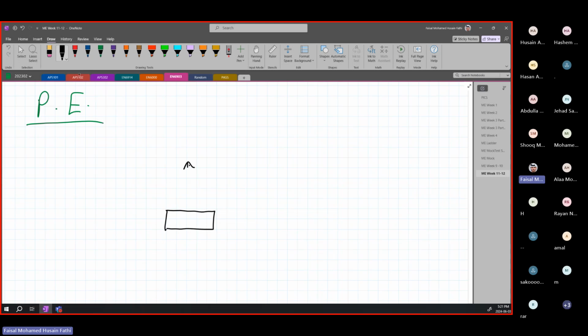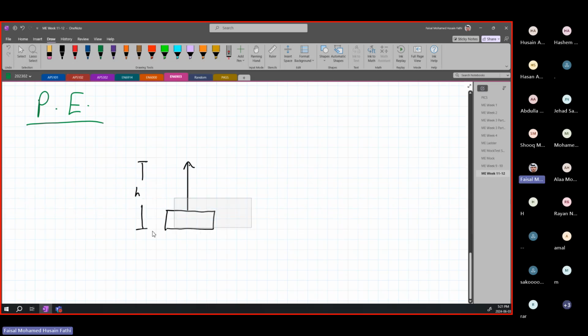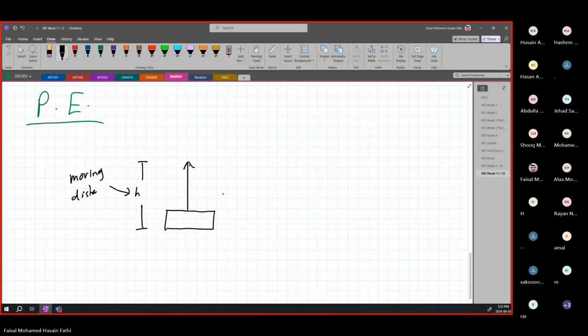So let's say it's going upwards to this point, and this is the height that it's going to cover, h. All right, let's call this height h. Meaning that we need to move this block this distance h. So h is our moving distance, so that the block will come here.